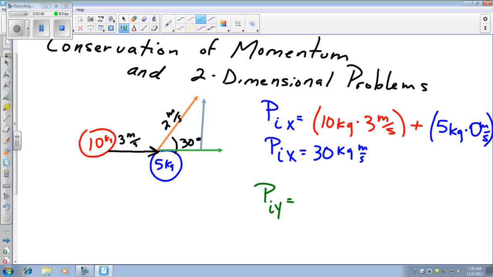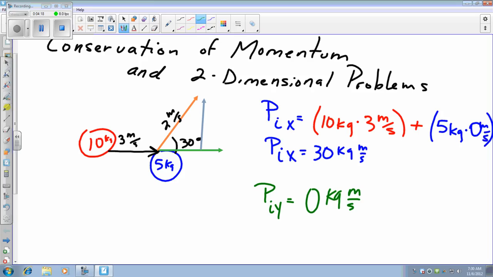So we know that our initial momentum in the Y is going to be equal to 0. There's no vertical or Y direction motion, so we have no initial velocity.